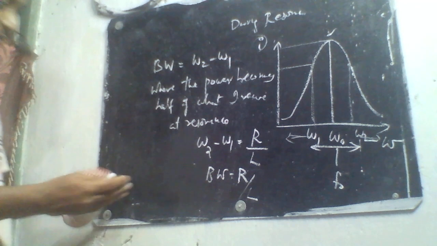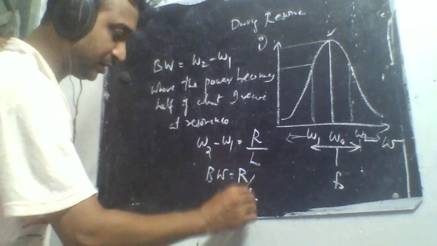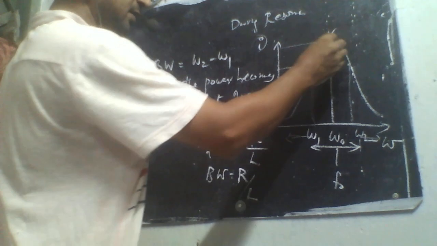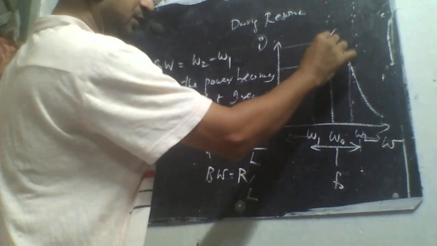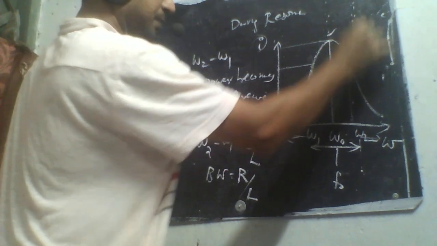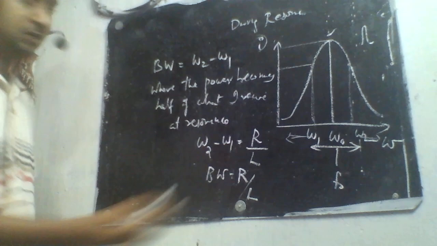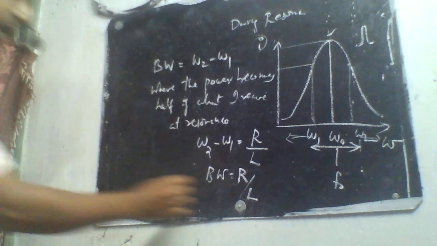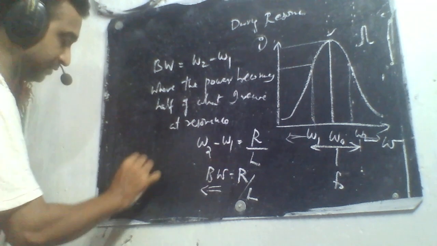Now the speciality of bandwidth is, if the bandwidth is less, the selectivity or the curve will be much sharper, so the curve will be falling like this. So you are getting a graph which is much sharper. If bandwidth is less, the curve is sharper.